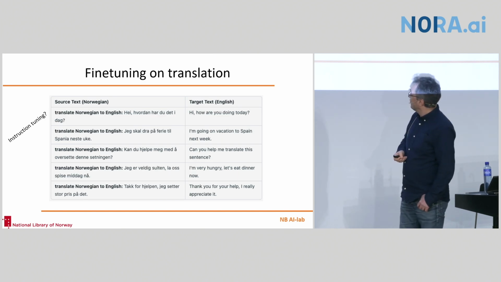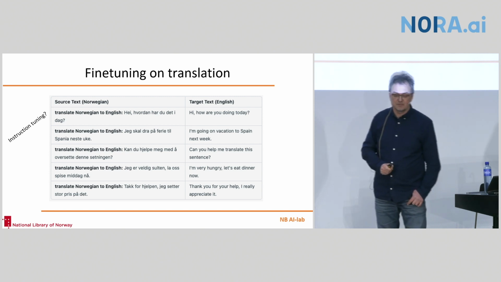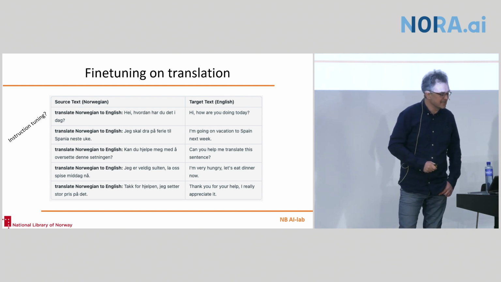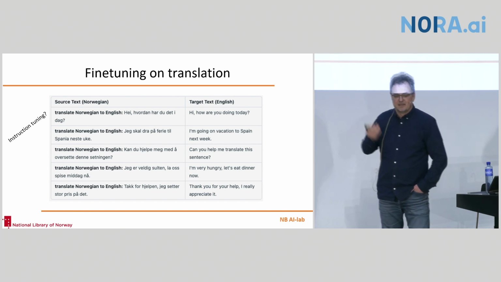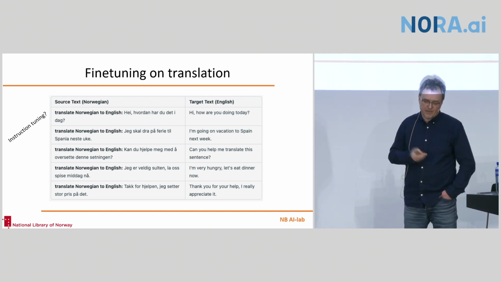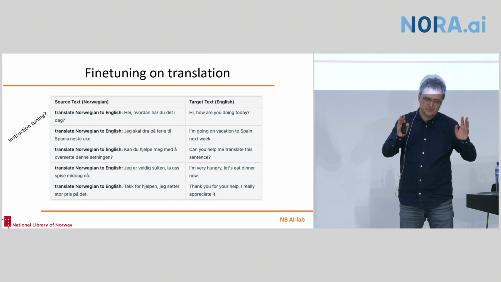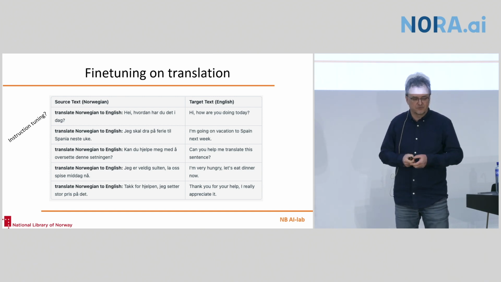You also do this thing in between. You tell the model that it's going to translate from Norwegian to English. This is similar to what was called instruction fine-tuning, where you actually also give it a task. And you hope, if you give it enough tasks, as Google has done with the FLAN-T5 model.